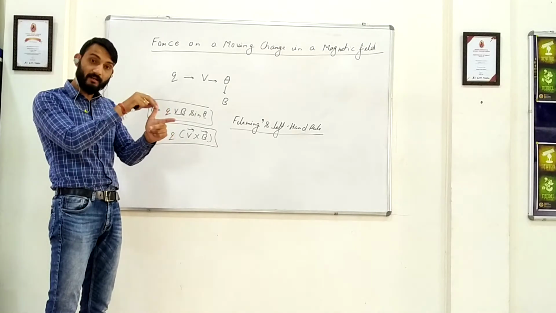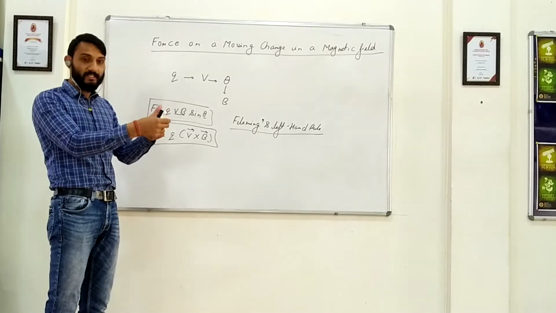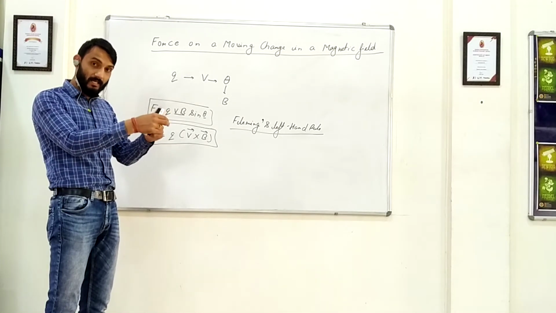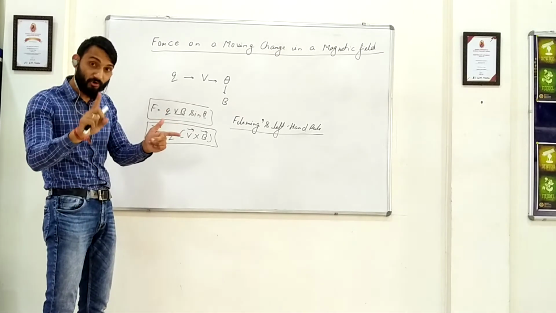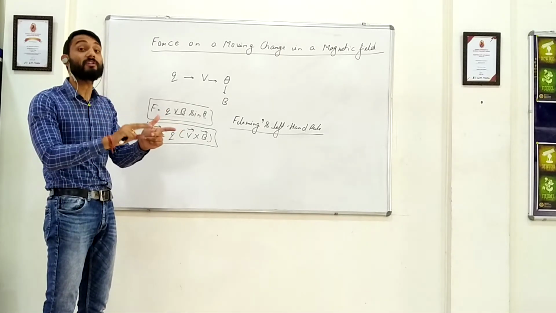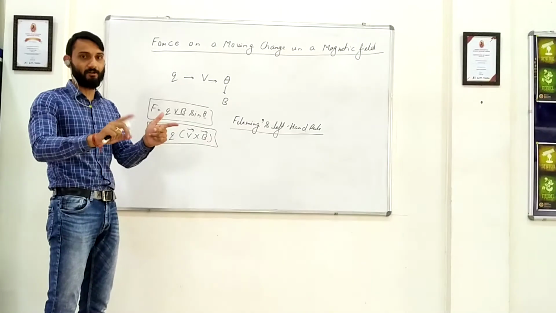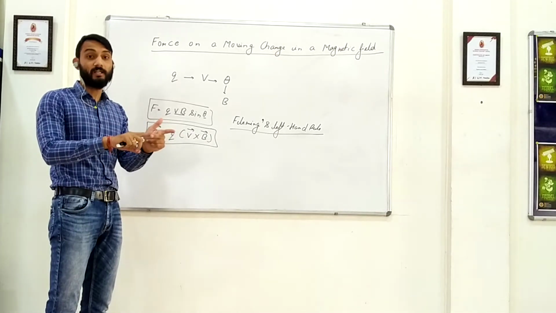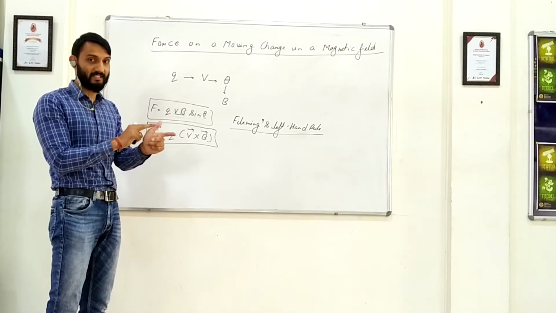Then the thumb will point in the direction of force, this finger will point in the direction of magnetic field, and this will point in the direction of either the motion of the charge or the current. It can be either of the two, either the velocity of the charge, or the current, right? So this is Fleming's left hand rule.